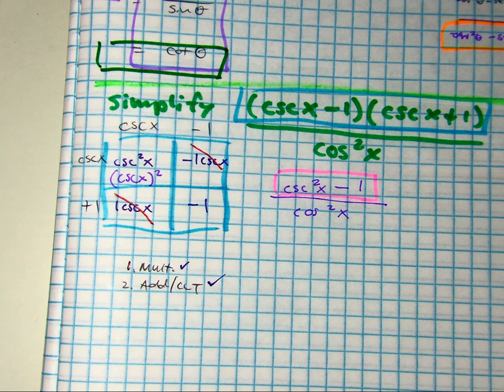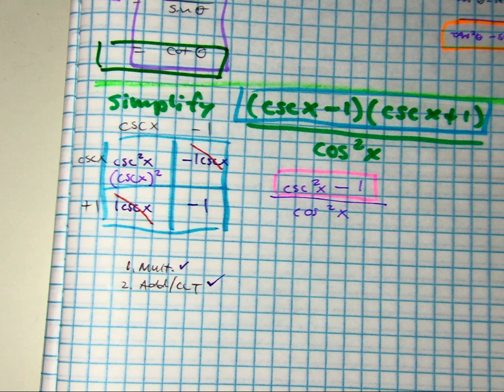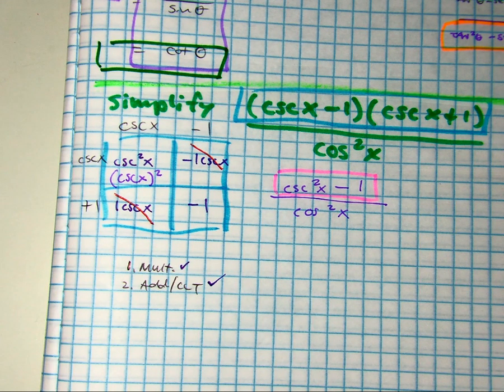Mary Grace, your partner's name? Crystal. Which identity? She says the Pythagorean identity. Cole, partner's name? David. Which identity?